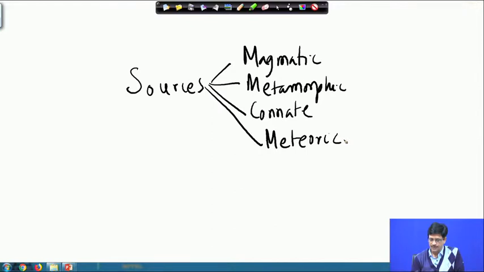The meteoric also sometimes we can even include seawater, which is a modified meteoric water.